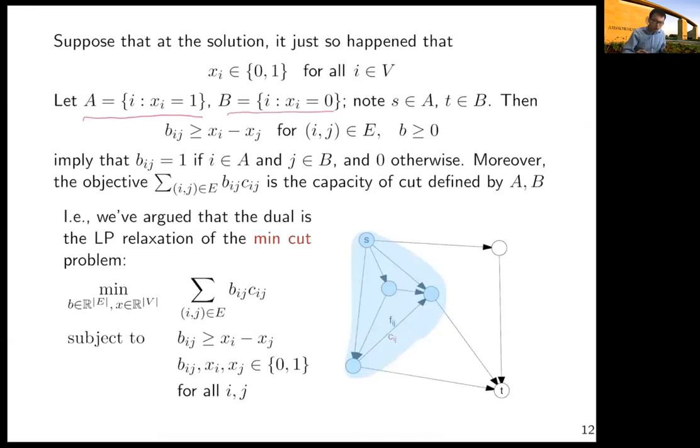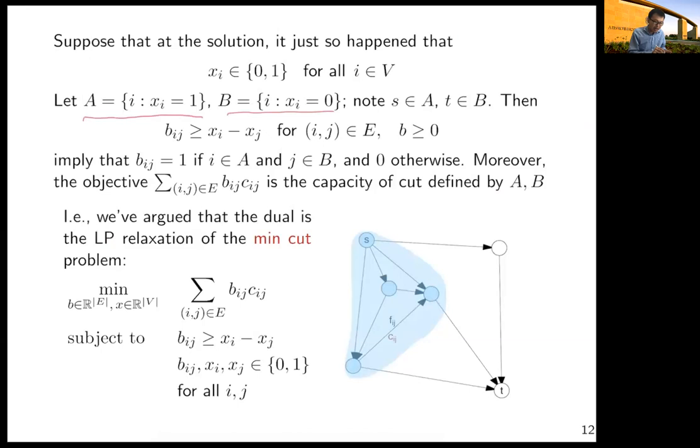Okay, so by our constraint, we know that the source is always in A, and the terminal is always in the set B. Then when this happens, notice that we are trying to minimize this Bij, Cij.